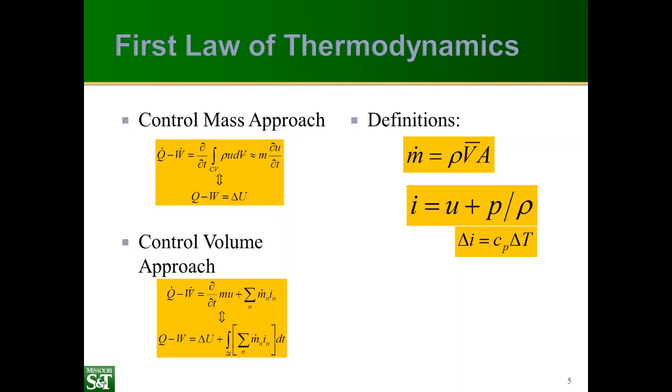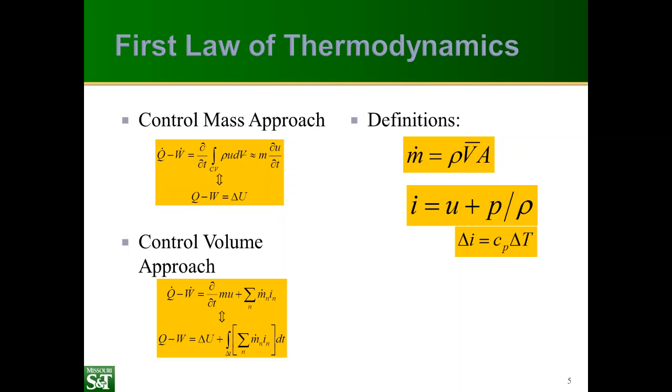Once we've simplified this a little bit, we could actually integrate over time, and we would end up with total energy minus total work equals change in internal energy plus the total energy in and out with the flow. We could also assume steady state, in which case we would be able to simplify this equation to rate of heat input minus rate of work done equals energy in minus energy out with the flow.